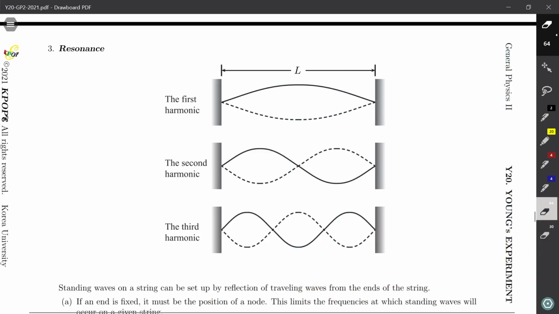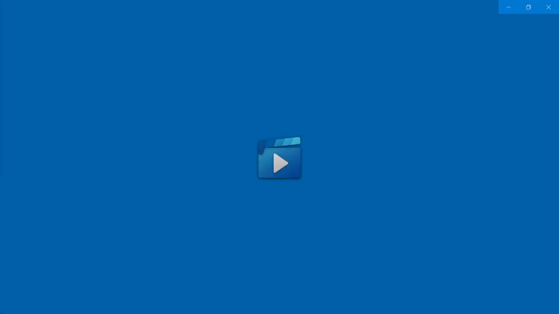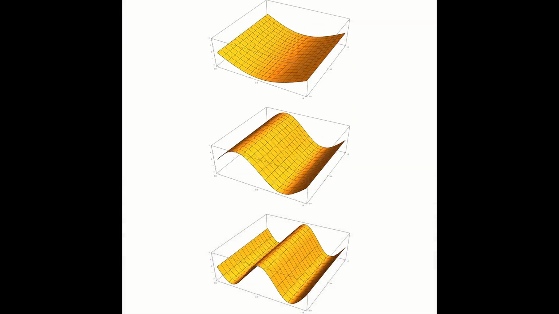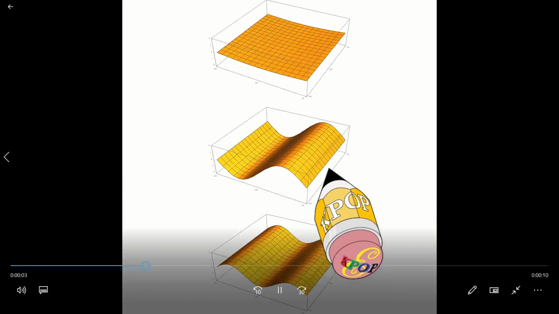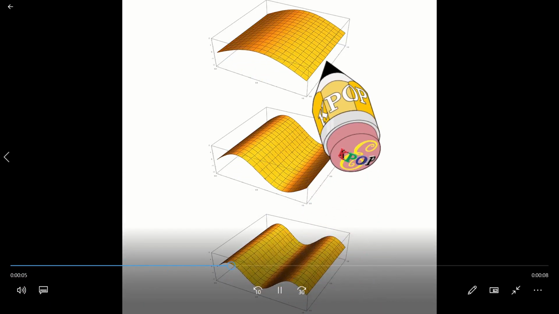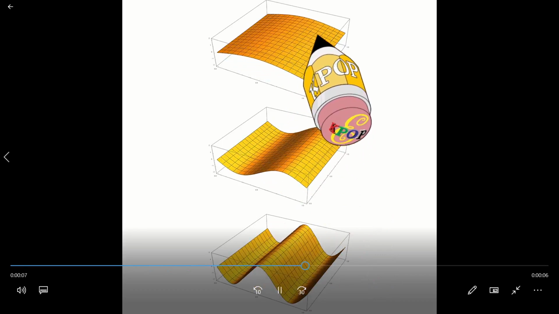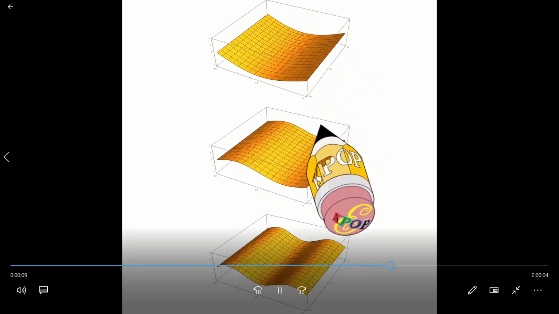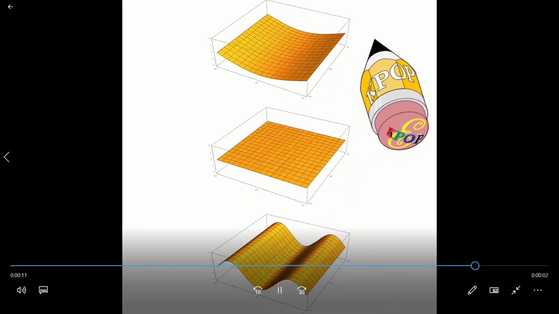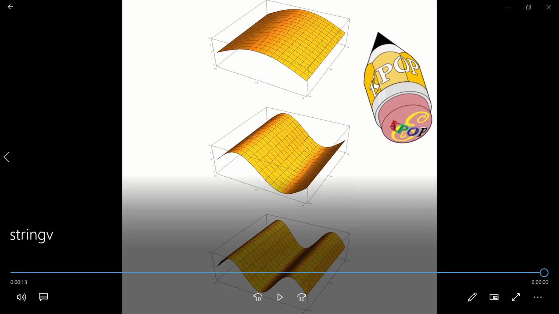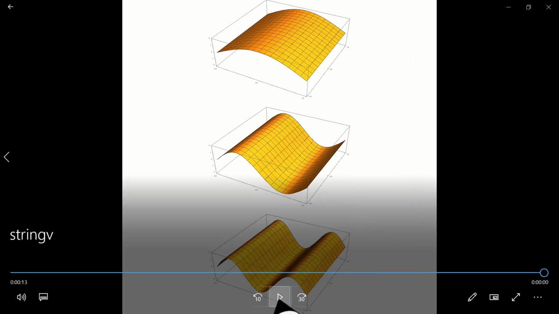Because of this, we can find the oscillation. The period can be found as 1, 1/2, 1/3.